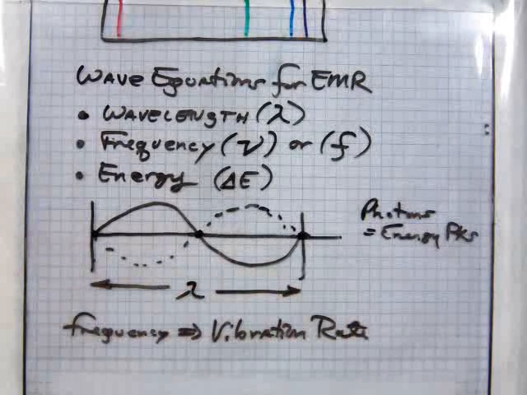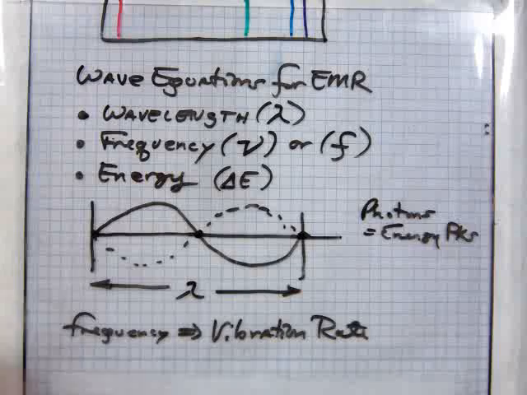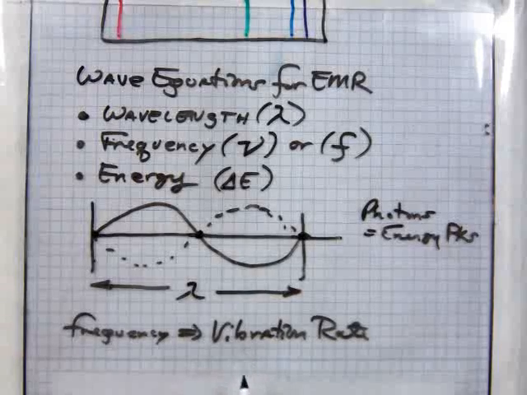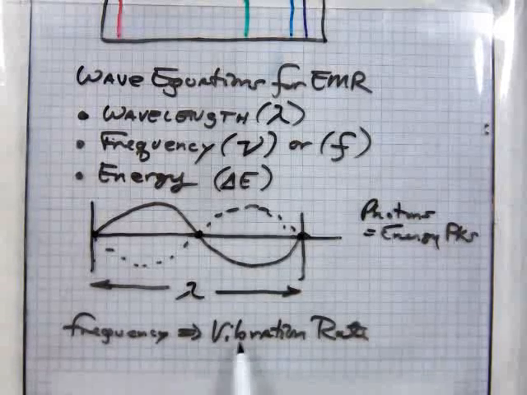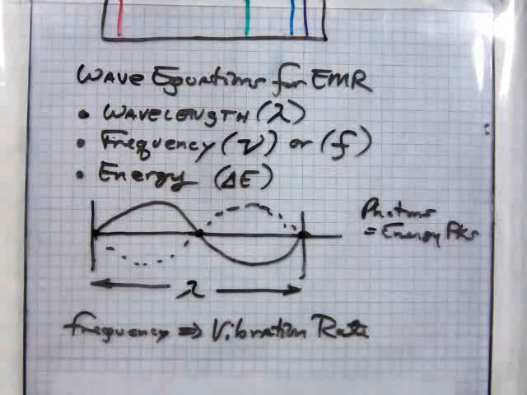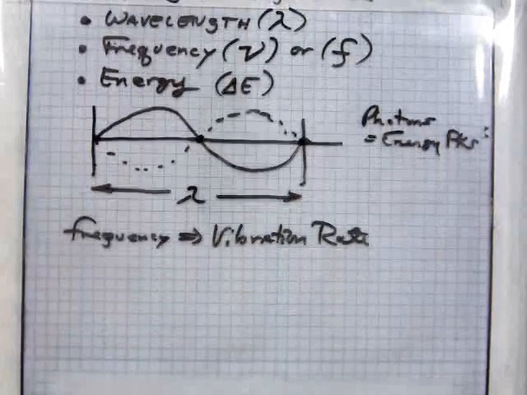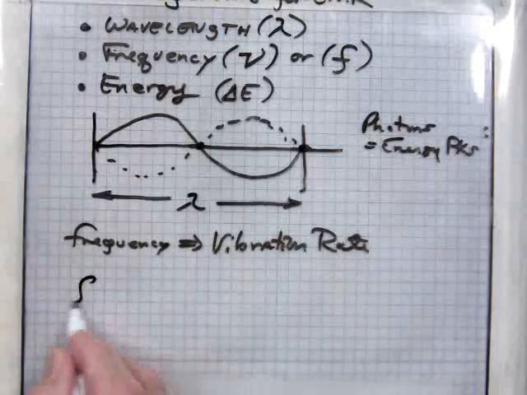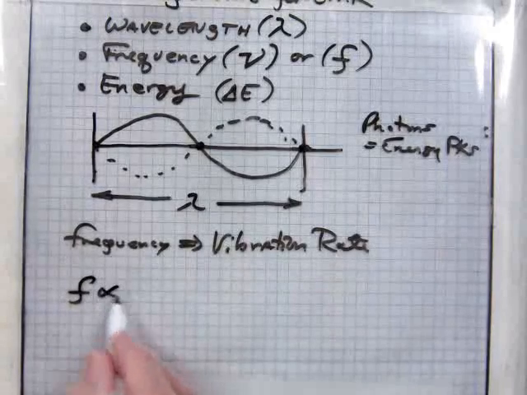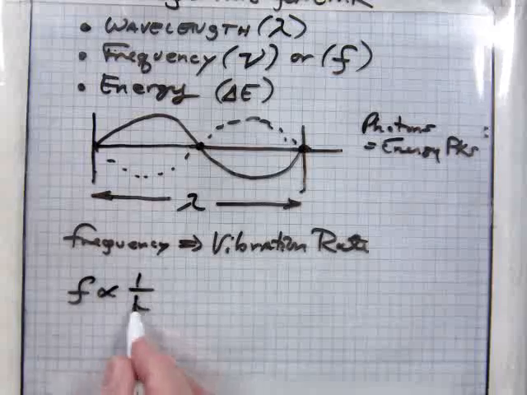So just up and down oscillation. Now, the relationship between frequency and wavelength for electromagnetic, well, for any waves, that matter, is inversely proportional. That is, frequency of vibration is proportional to 1 over the wavelength.